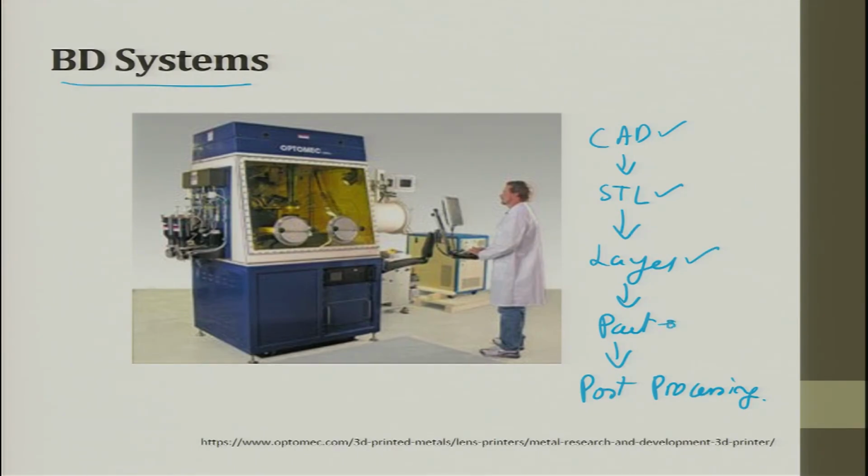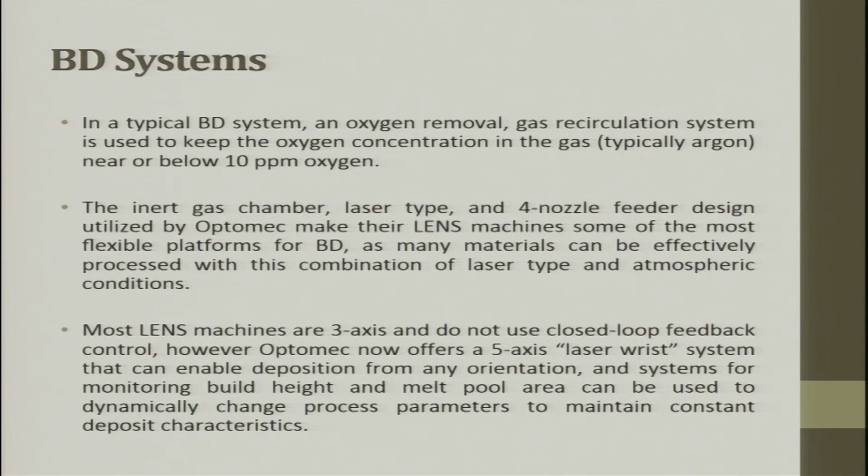The part geometry is getting developed in this machine, where we use a wire feeder for doing it. In the typical DED system, an oxygen removal or a gas recirculation system is used to keep the oxygen concentration in the gas nearly below 10 ppm oxygen. The inert gas chamber, the laser type 4 nozzle feeding design utilized by Optomec makes the LENS machine.